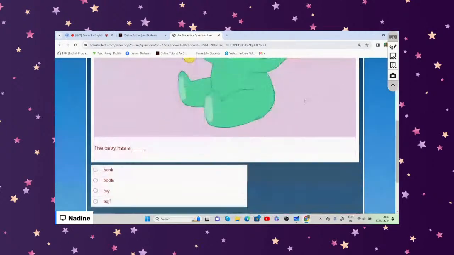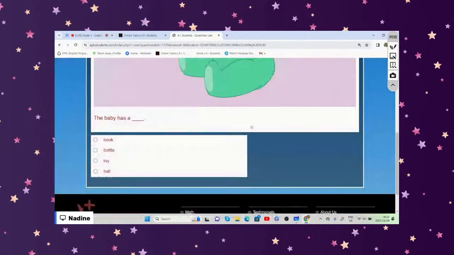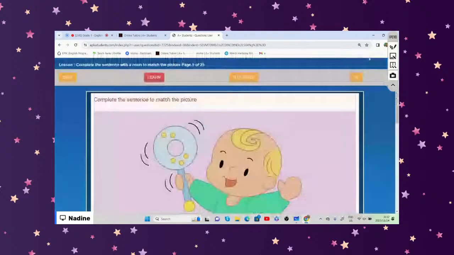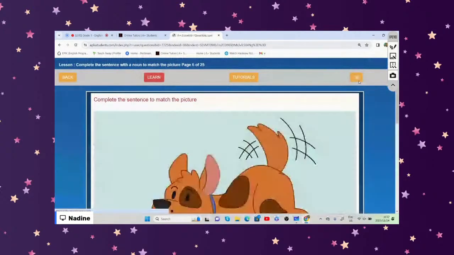So it says here the baby has a book, bottle, toy, or ball. So it means that we can say the baby has a toy. So toy, well done. Toy is correct.